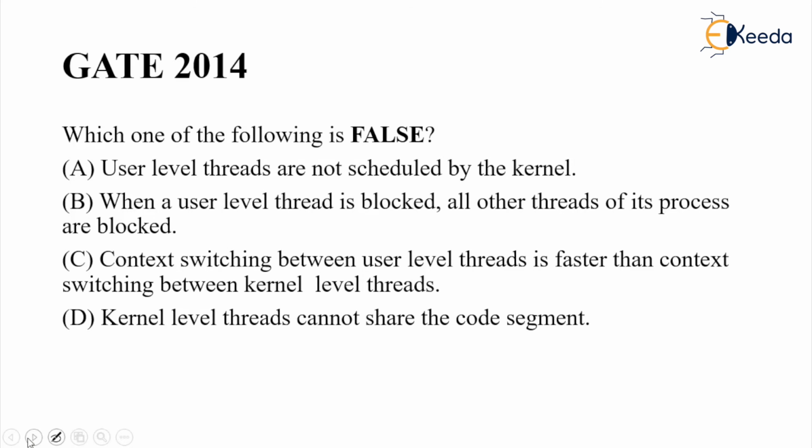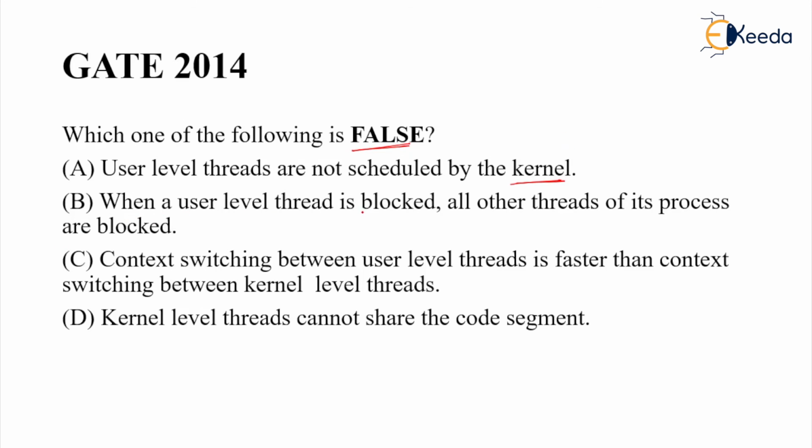2014 question, and we need to comment about false. As you can observe, there are quite a few questions from this theoretical topic, that is thread. Which of the following is false? User level threads are not scheduled by the kernel, right?